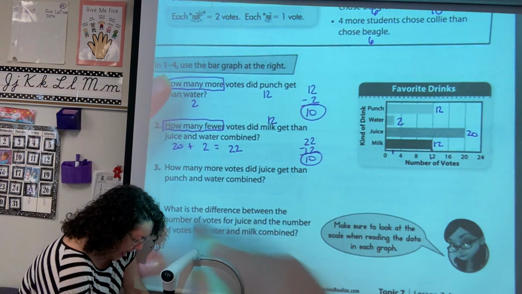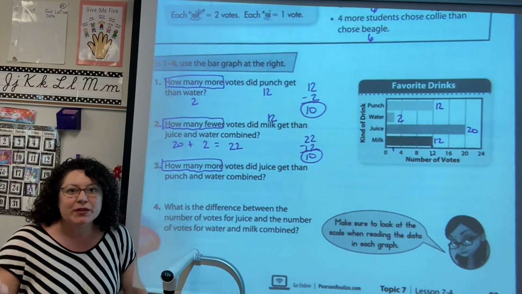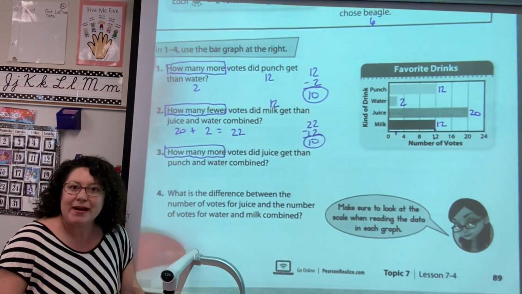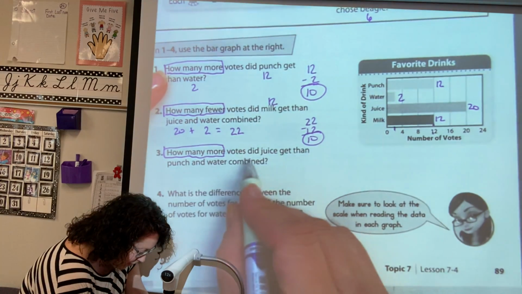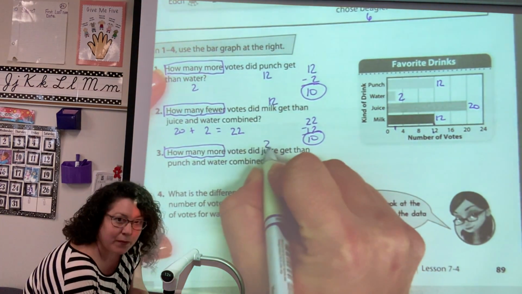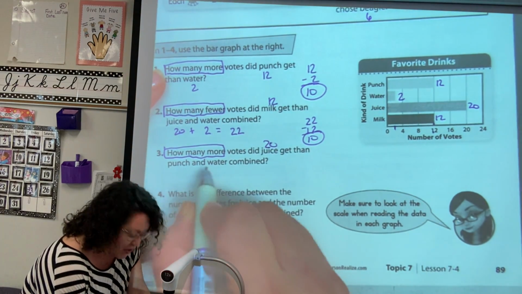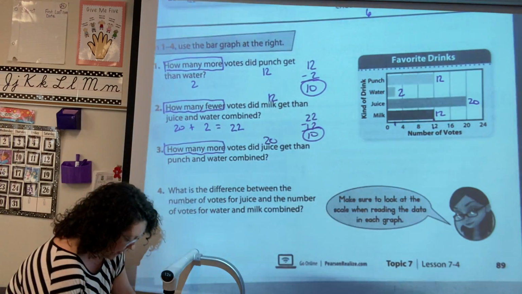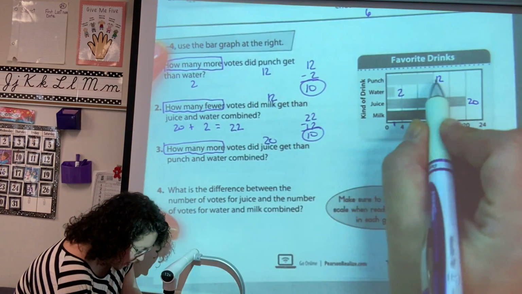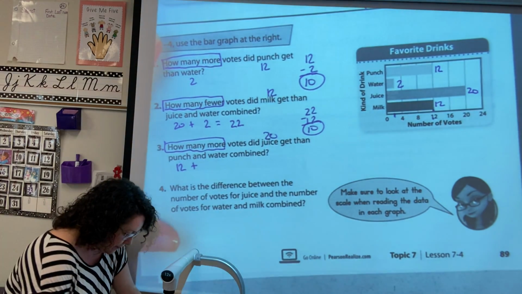Okay, how many more? These clue words are popping up left and right. That's why we're boxing them. How many more votes did Juice get than Punch and Water combined? Juice got 20, so I'm writing it here. Then Punch and Water combined. Punch got 12, and we know combining means to add.